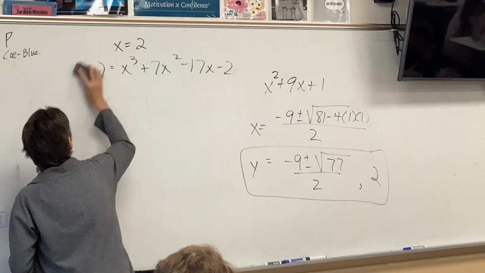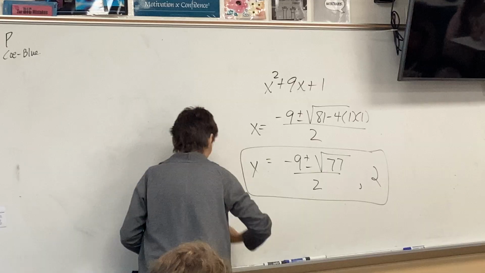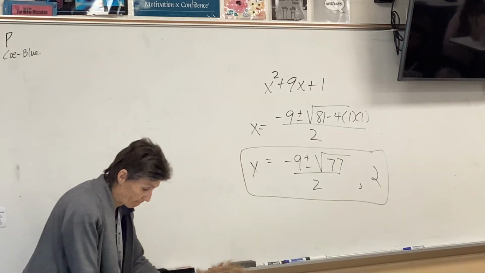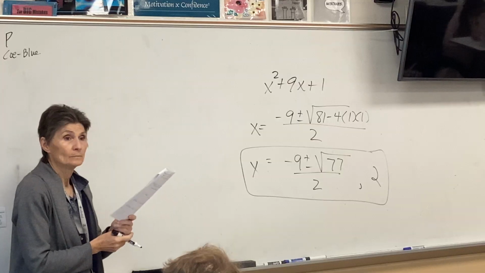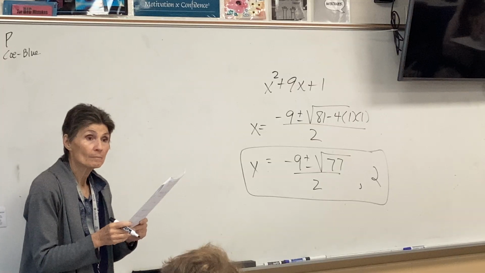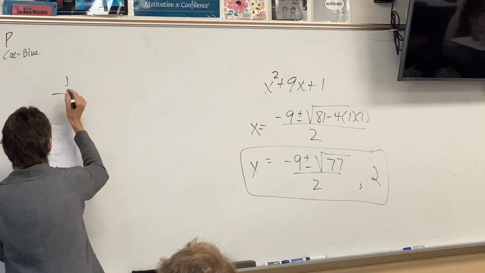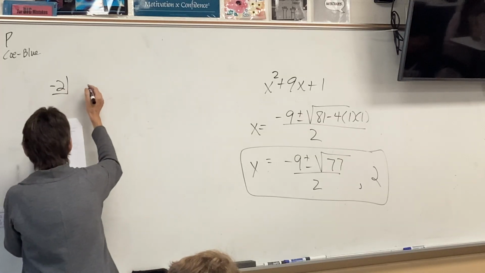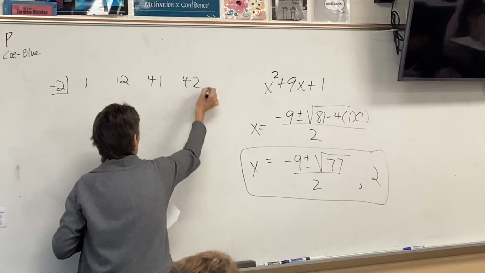Anybody remember what we do with this guy? Do synthetic division. So what will go in the box? Negative 2. And then 1, 12, 41, and 42.